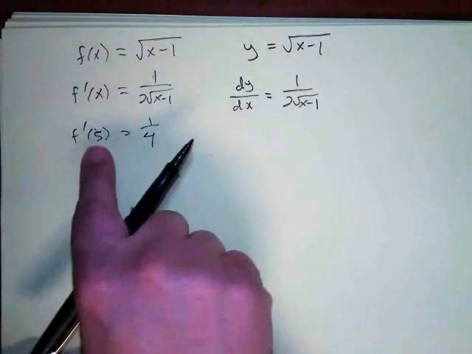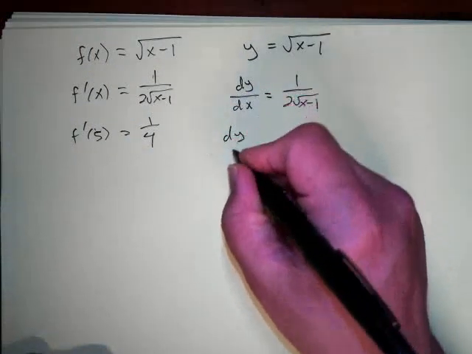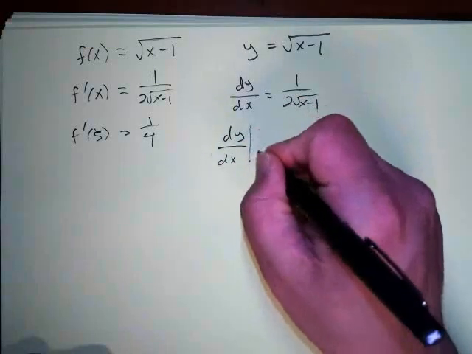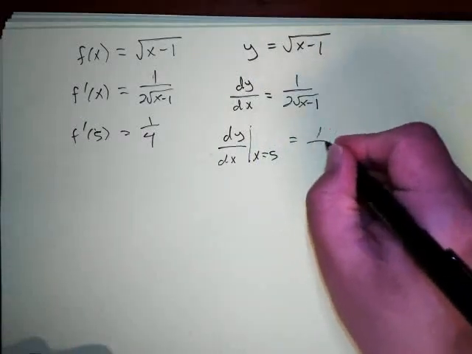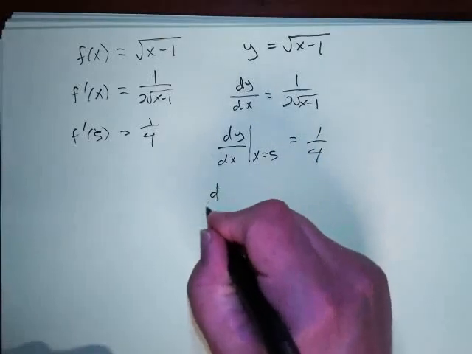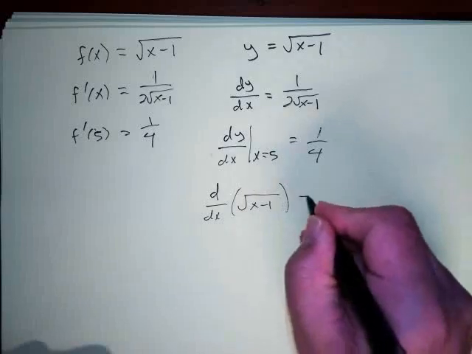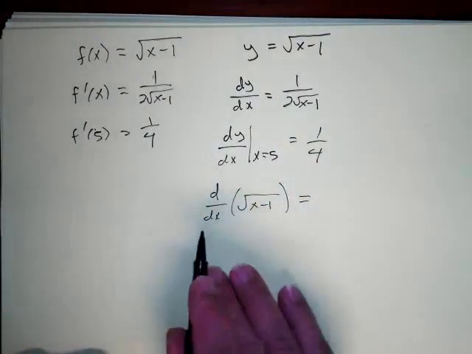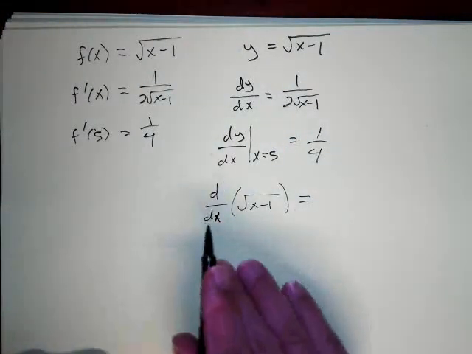Okay. Now, if I wanted to do this at a point, like at 5, what I could do is I could say dy over dx at x equals 5. So I draw a line and I say x equals 5, and that's 1/4. Okay. Another thing I could do is I could say d dx of the square root of x minus 1. So here I'm saying take the derivative of what's in the parentheses with respect to x. It's always, the bottom is with respect to what variable you take the derivative with.